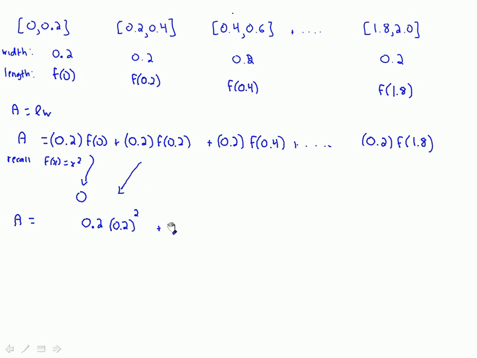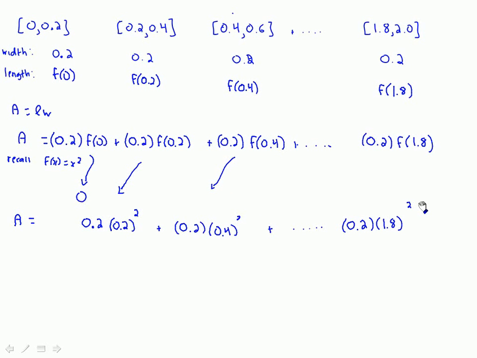And then the next one is 0.2 again times 0.4 squared, and then all the way down the line until we get to 0.2 multiplied by 1.8 squared. But we only have 9 of them.